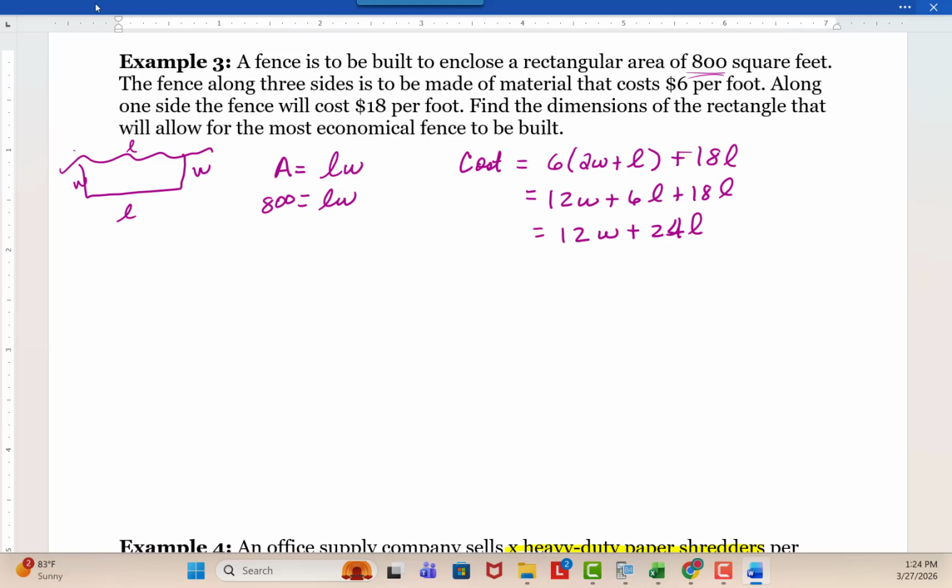But we really want this in terms of one variable, not two. So we could either solve for L or W in the area formula.